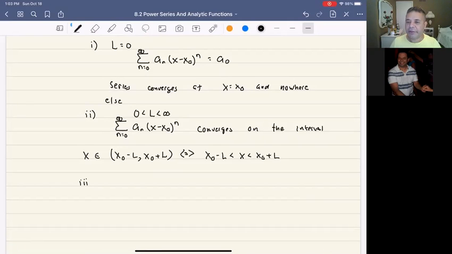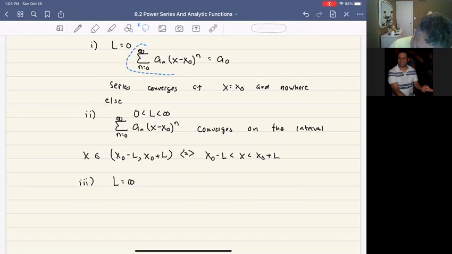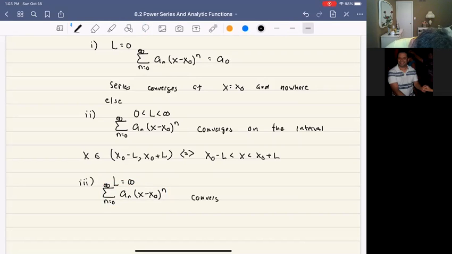Third, you could have L equaling infinity. Okay, you could have L equaling infinity, and that means that the series converges everywhere. Okay, so from negative infinity to infinity.